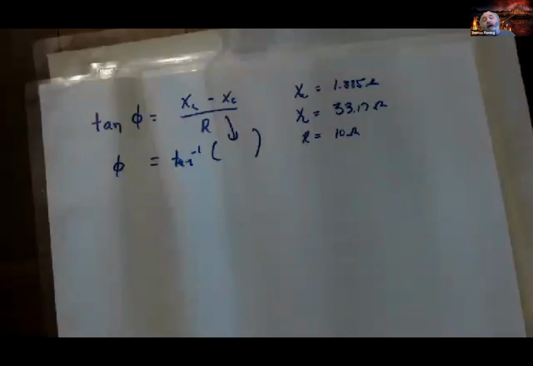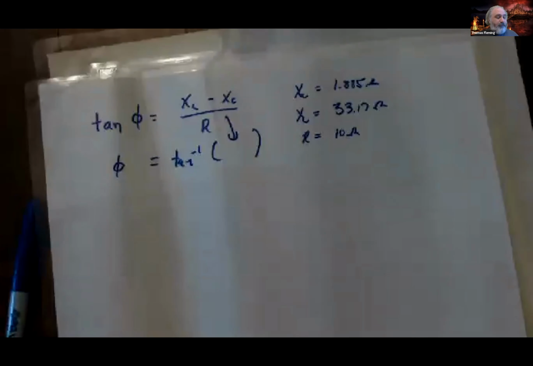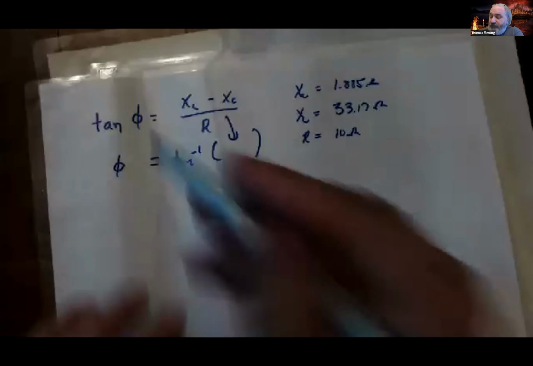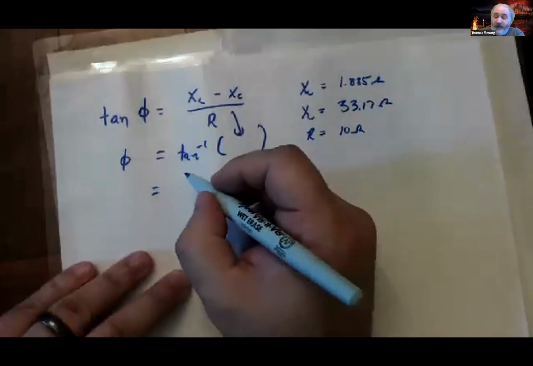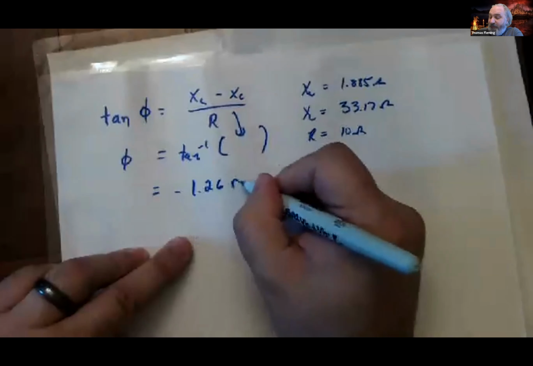Now, again, this is one of those places where we want our answer to end up being in radians. So I'm leaving my calculator for the moment in radians mode. And I find that we have a phase shift of negative 1.26 radians.